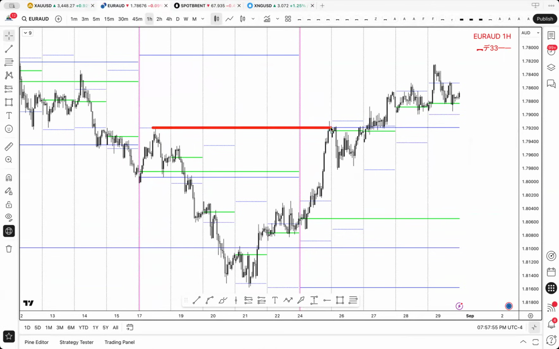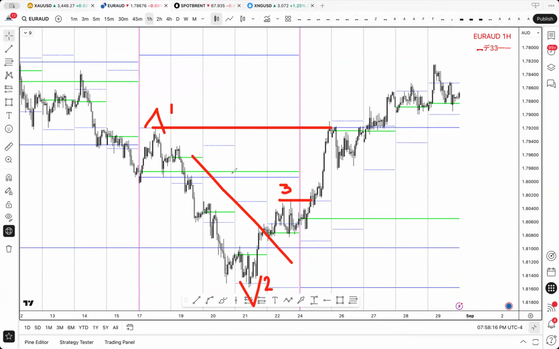Here's where the dump began. Dump, or step one. Step two. Step three. Dump, coil, pump. It does not matter.